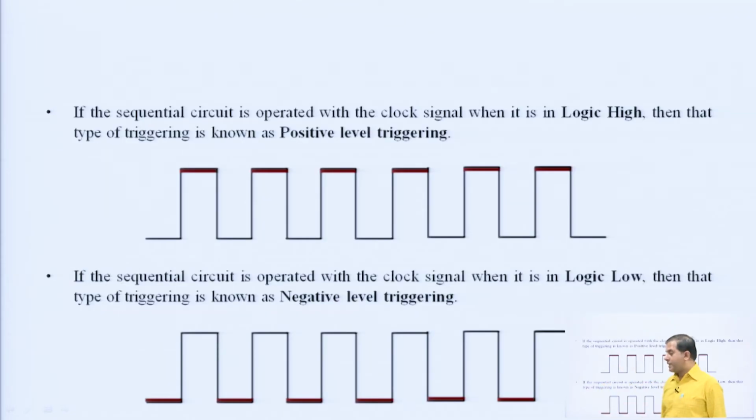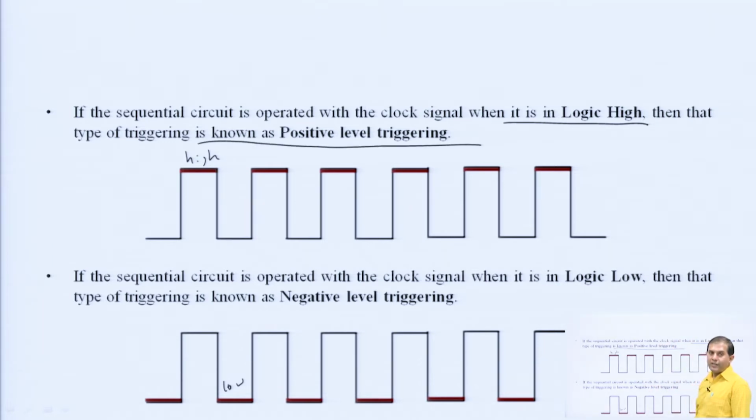You can see from this diagram itself, this is the high level, this is low level, this is low. If the sequential circuit is operated with the clock signal when it is in logic high, then that type of triggering is known as positive level triggering.